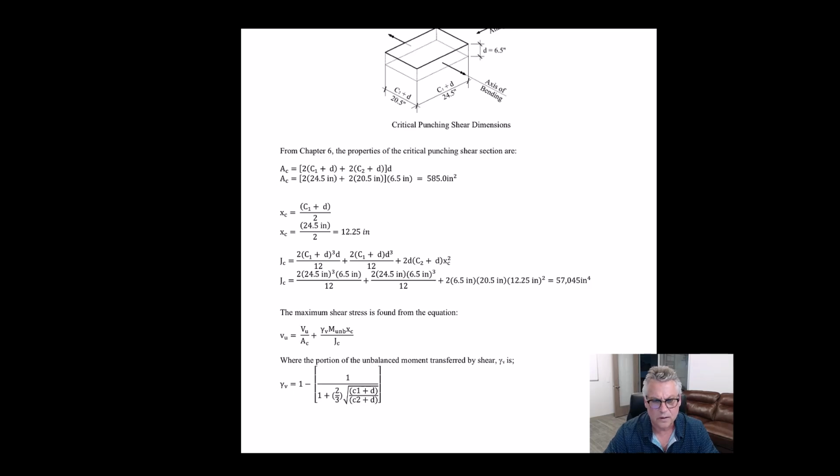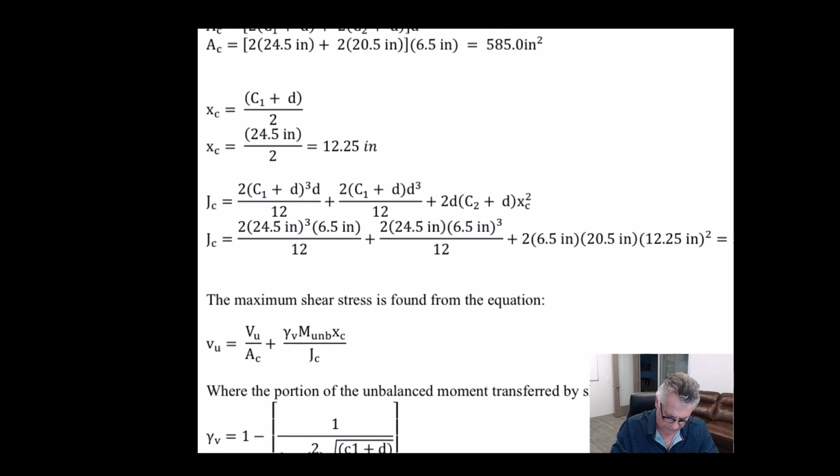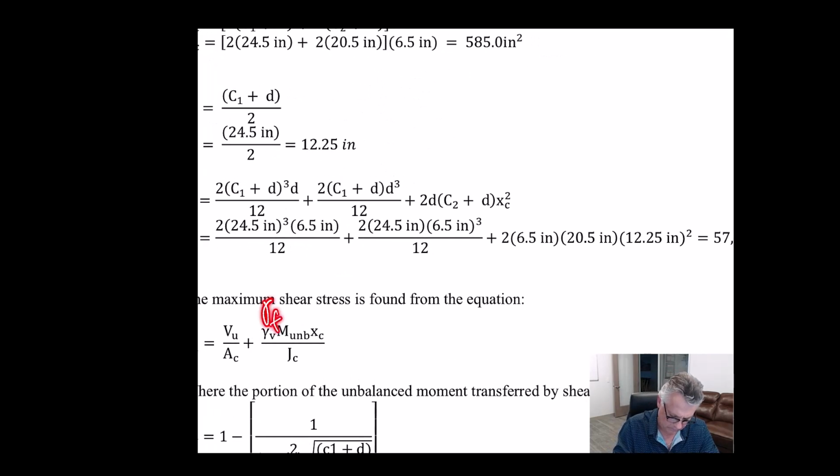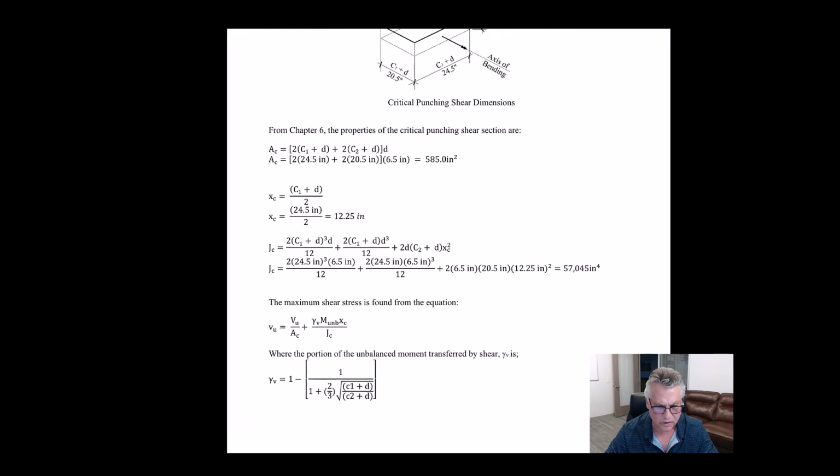So the rebar that we calculated over the top of the column is responsible for the gamma F times the unbalanced moment. The shear stress calculations for punching shear stress that we're doing only have the gamma V portion of that unbalanced moment. So like I said, I hope that's a refresher for you. If it's not, study that a little bit more, because that's an important concept.